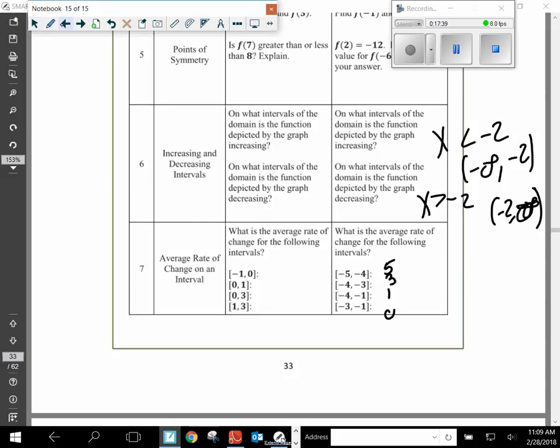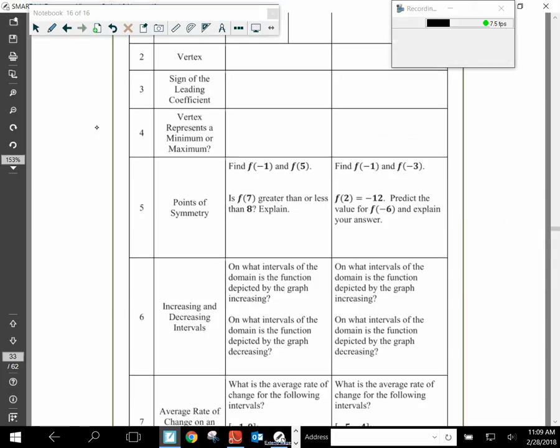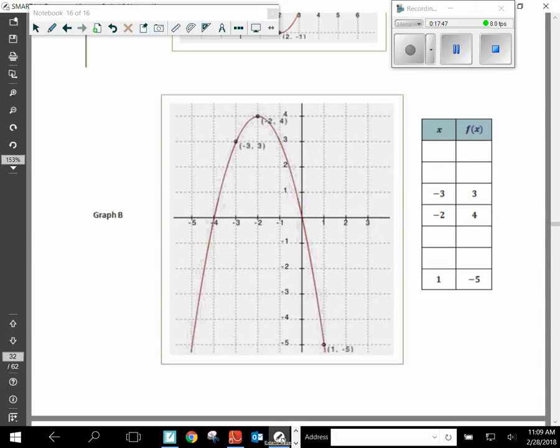Let's look back for a second. So at -5, I'm here, and at -4, I'm here. Look how steep this is, whereas -4 to -3 isn't as steep.